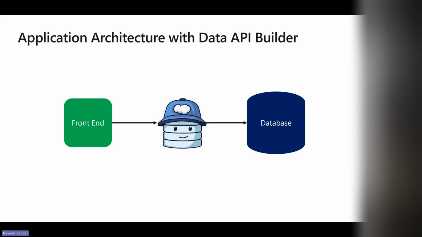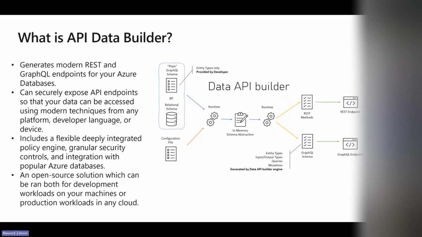Here is a quick architecture diagram. It's a hosting platform plus a policy engine which allows you to expose your data either through REST or GraphQL to the external application. That's the goal of the Data API Builder.